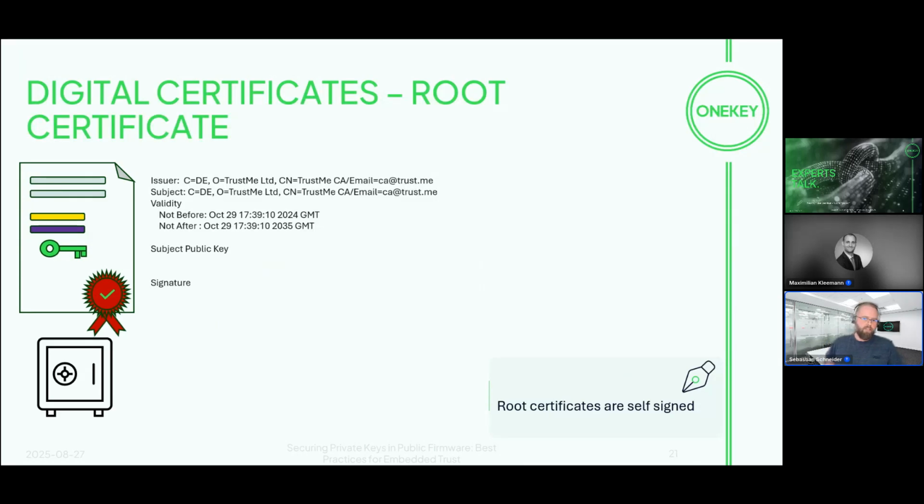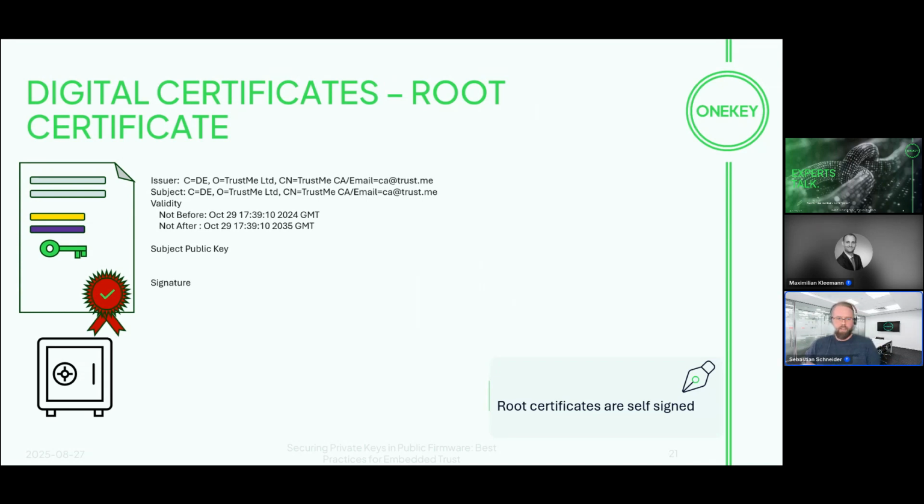This could be a self-signed certificate by your organization that is only internally trusted, but it could also be a trustworthy, well-known organization like Microsoft, like Google, like GlobalSign, which also have self-signed certificates that are used to issue sub-certificates, but the industry agreed that these companies are trustworthy, and so these root certificates are shipped as part of your operating system or as part of your browser, so that they can be used to validate further certificates.